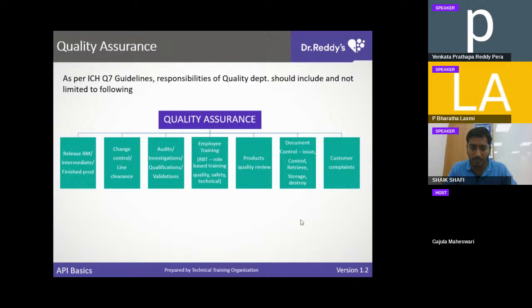That is the purpose of induction, to familiarize with each department. We give some basic GMP training, safety training, and SOP training. Then we certify the employee based on OJT, and then we allow this person to start work. This is basically the employee training procedure.